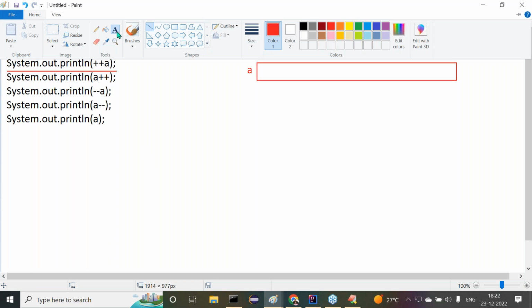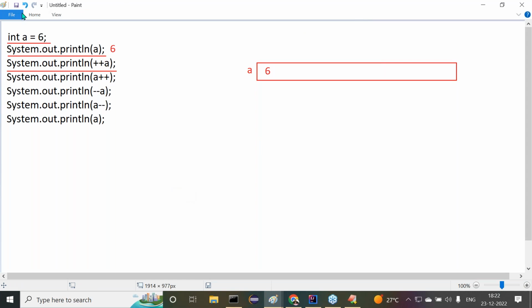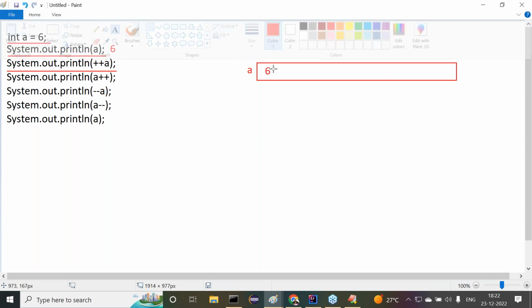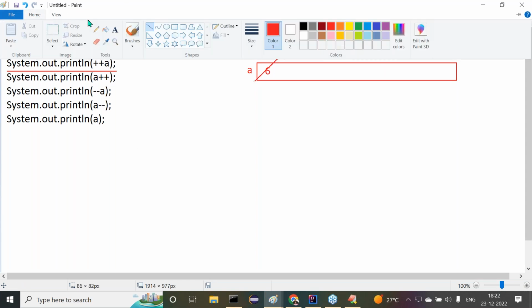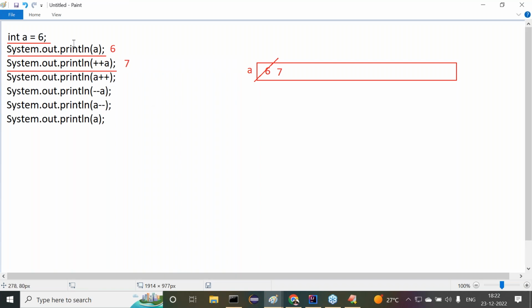Already the a value is 6. Pre-increment means first the a value must be incremented by 1 in memory. So now the a value is 7. That incremented value will be displayed. I have already given this kind of calculation previously. The incremented value is displayed, so 7 we are getting.